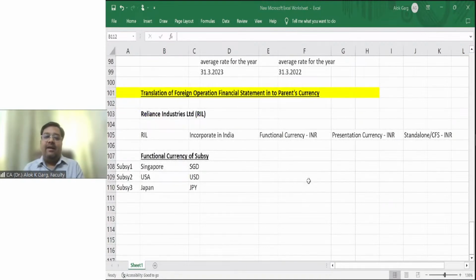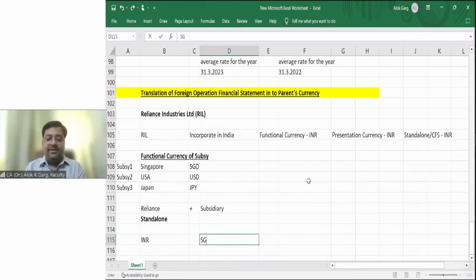Now, what happens? Reliance standalone accounts will be in INR, Indian rupee, right? Reliance standalone is INR presentation currency, INR functional currency. And these subsidiaries' financial statements are in Singapore dollar, USD, and Japanese yen, right?